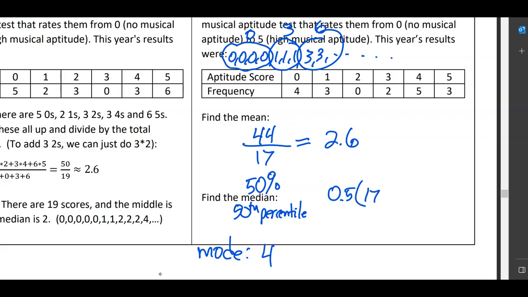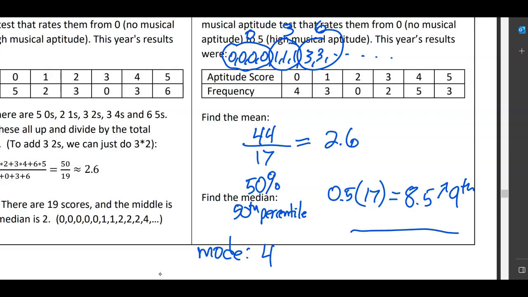There were 17. We get 8.5. If you get a decimal, when you work out percentiles, you always round up. Even if it's 8.1, you round up. And you've determined that the 9th number is right in the middle.